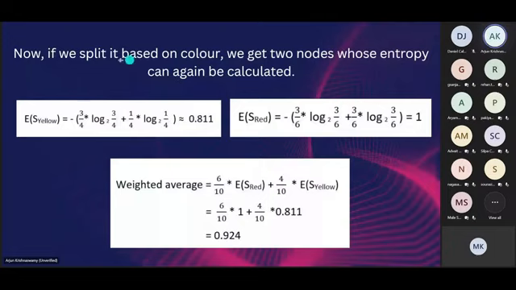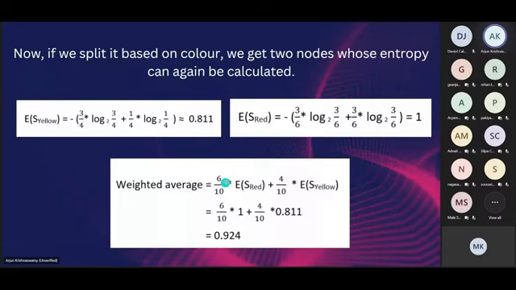So when you find the entropy values, you get 0.811 and 0 and 1. This is the entropy for the individual nodes. To find the information gain, you need to find the weighted average of these two. For the weighted average, you multiply this with a weight. Here, the weight is 6 by 10 for red.